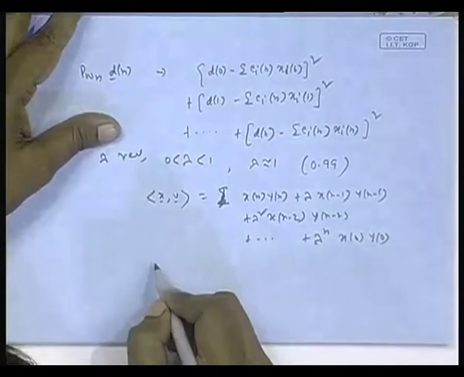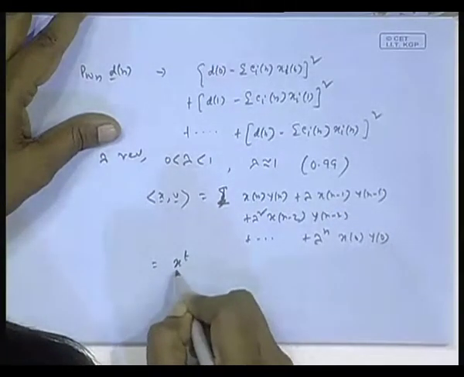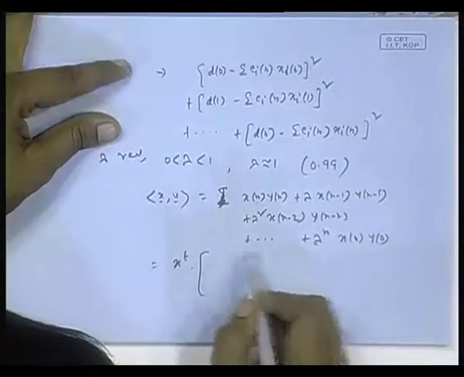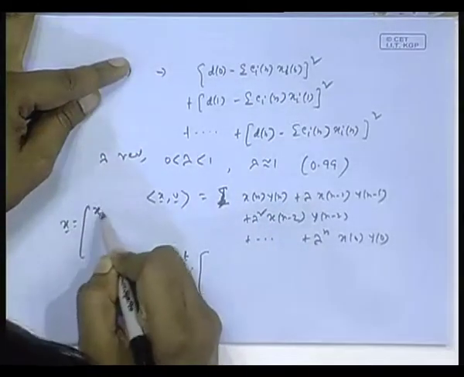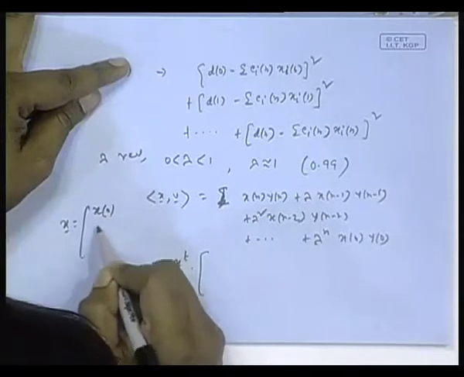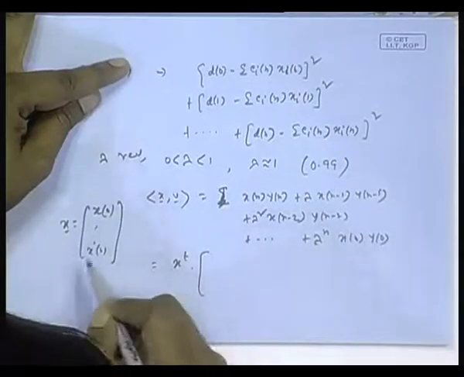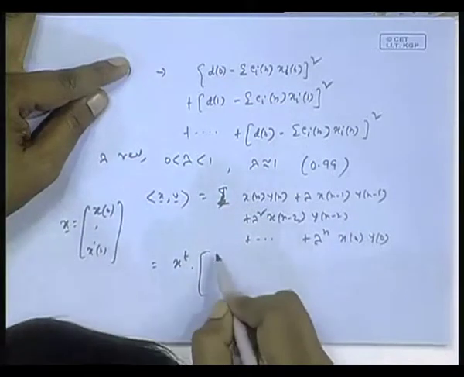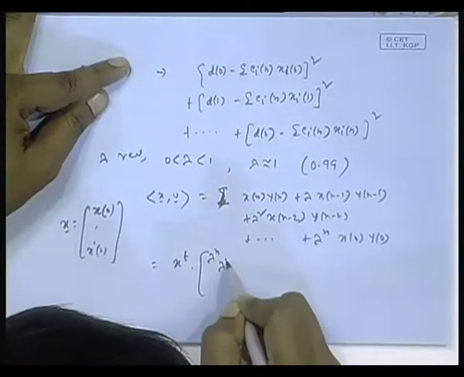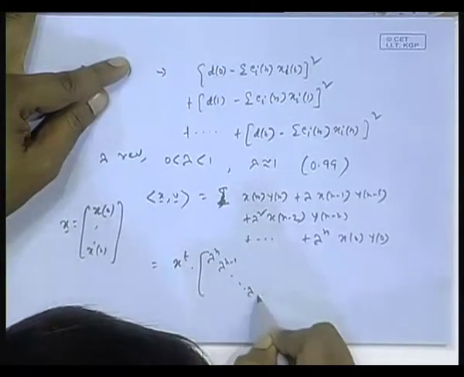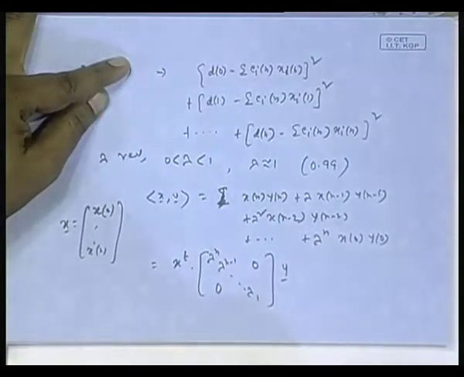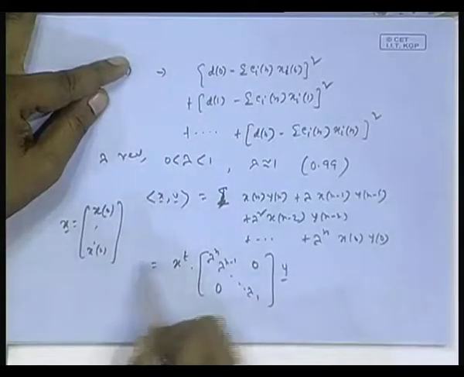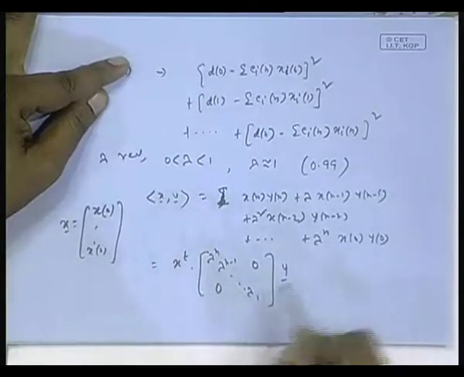You can also write it like x transpose, a matrix, and y, where the matrix is diagonal with lambda to the n, lambda to the n minus 1, dot dot dot, lambda, 1. Here x transpose means x 0 to x n, and y 0 to y n.